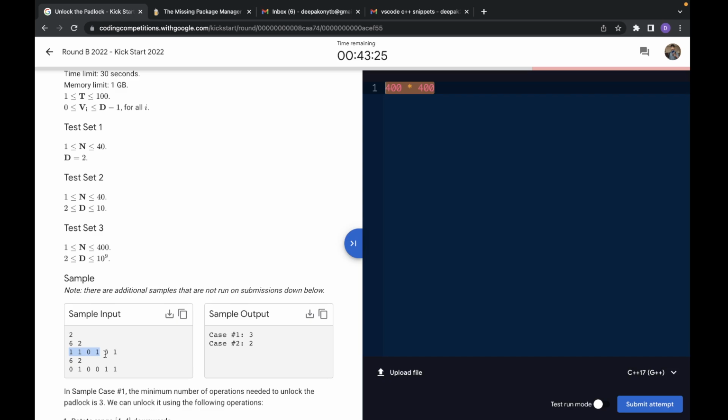Then you have this zero, so you'll make these ones to zero so that you can enclose this zero. You can do that in one operation since G is two. So all these numbers are now zero. This is also zero, so this is now a new set. And since this is a one, I want to make my set 1, and it is initially 0 now, so it will take me one operation to convert this to 1. So this was my greedy approach.